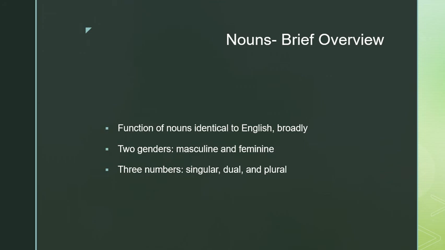There are remnants of a dual in the Semitic languages. If you speak Arabic or Hebrew or Aramaic or something like that, you might notice that certain words, like body parts, very commonly that come in pairs, like your hands, your ears, your eyes, your feet, your arms, your legs, all that, they have different plurals. They take a very different form than you would expect based on the root. And that's a remnant of what used to be a full dual.